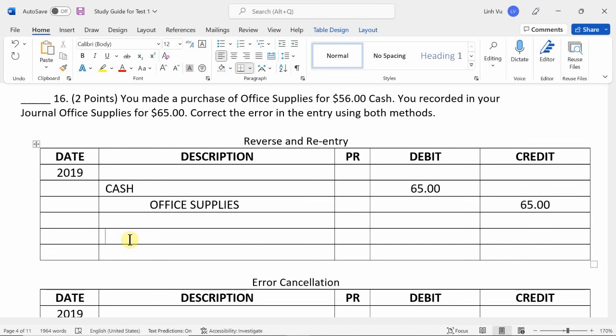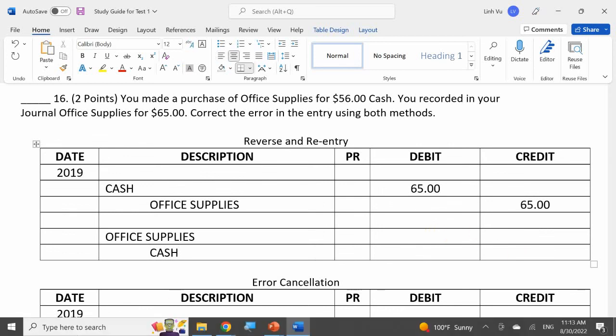It would be office supplies and then cash. For what amount? $56. Yes. Okay, so that is the reverse and re-entry. You have to undo the transaction first, then you're going to re-enter it for the correct amount.